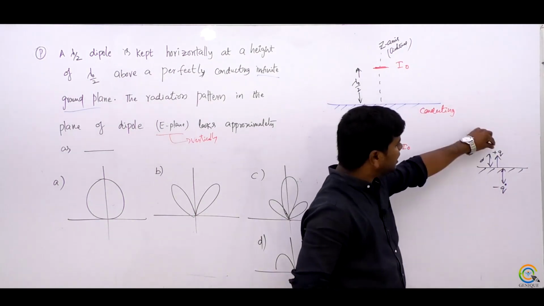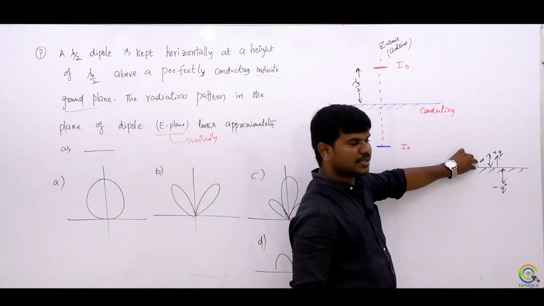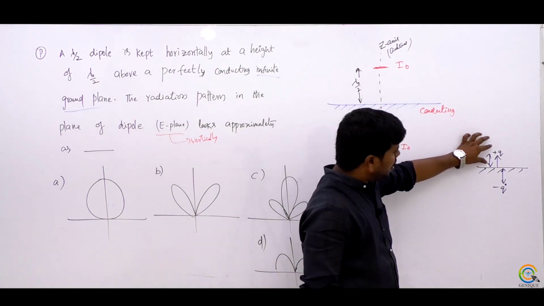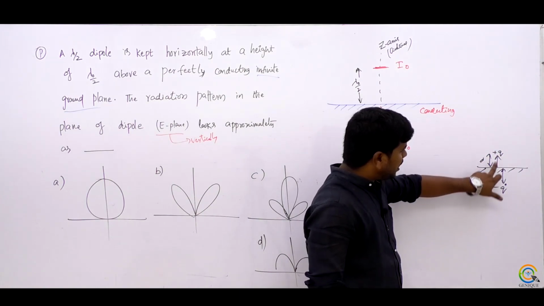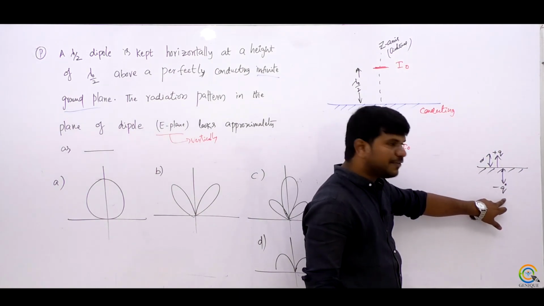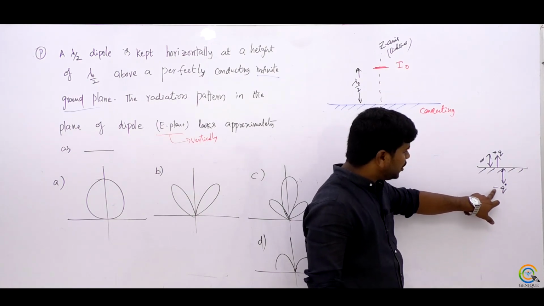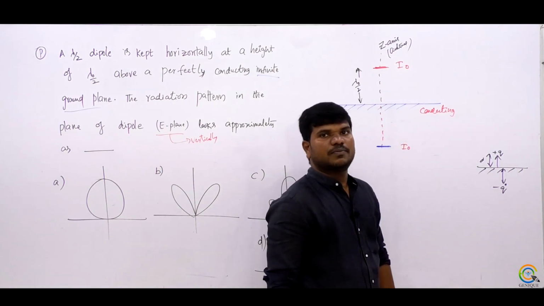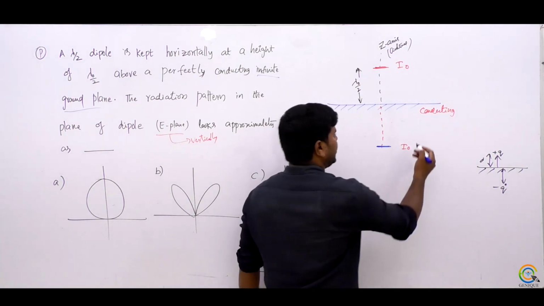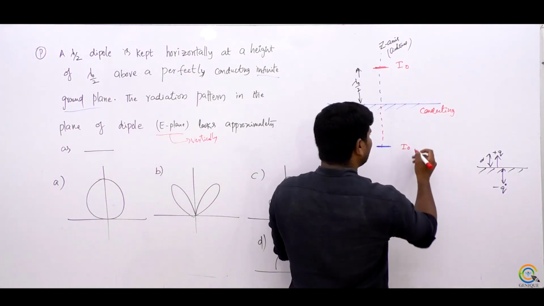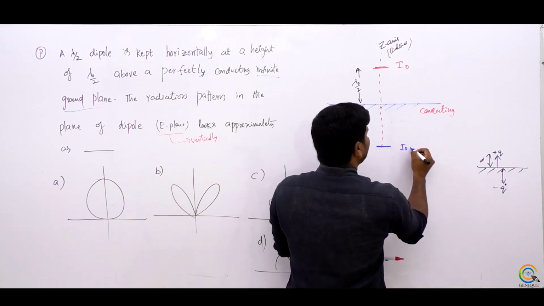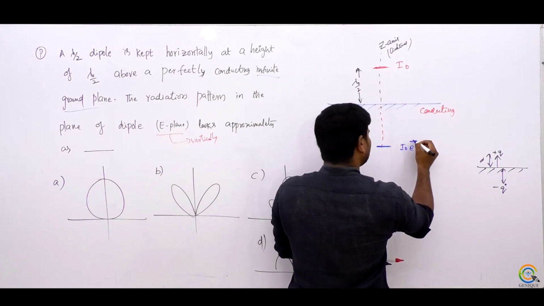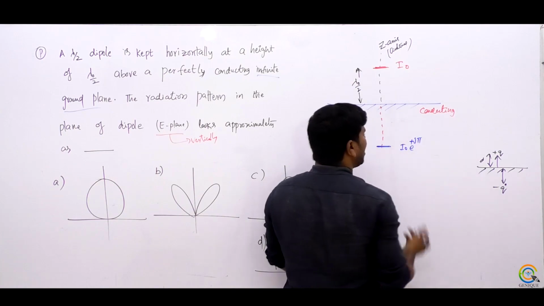Similarly, if you put an antenna near the conducting plane, automatically at the same distance the same amount of current will be produced, but with a phase difference of 180 degrees. So it will be I naught into e power plus or minus j pi.